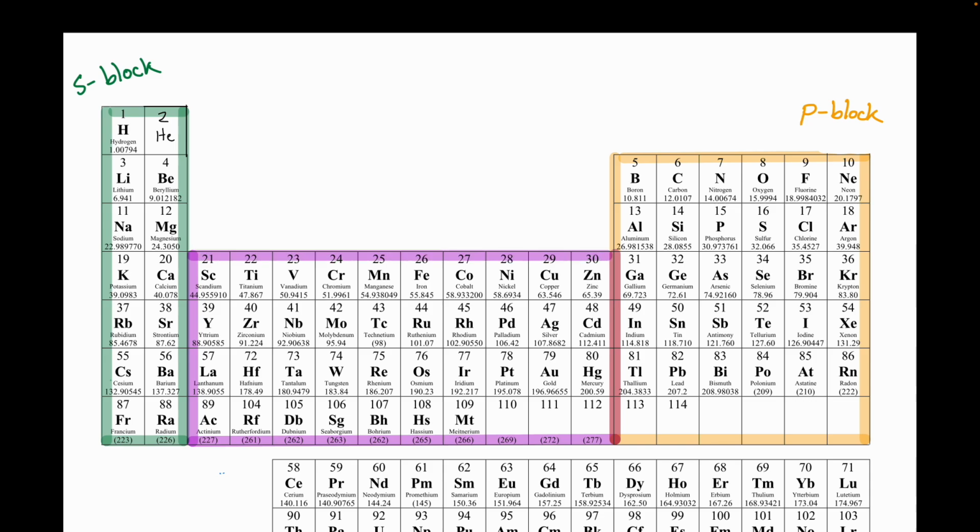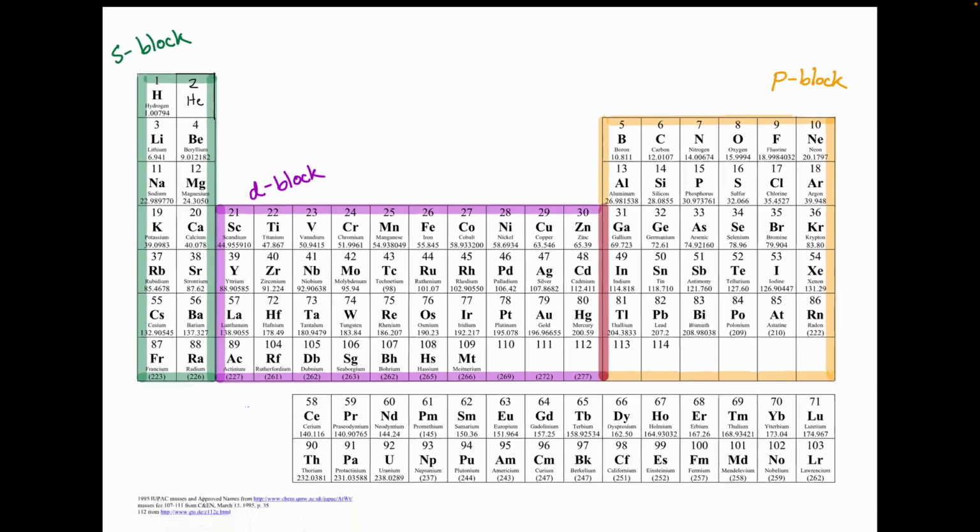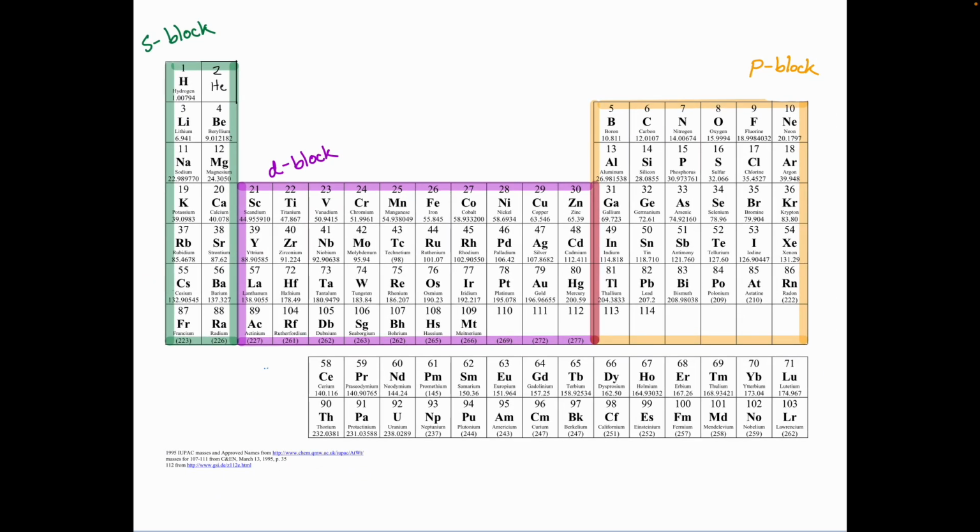This is the D block. All right, and then the part at the bottom of our periodic table that sits kind of aside is that last one, the F block.